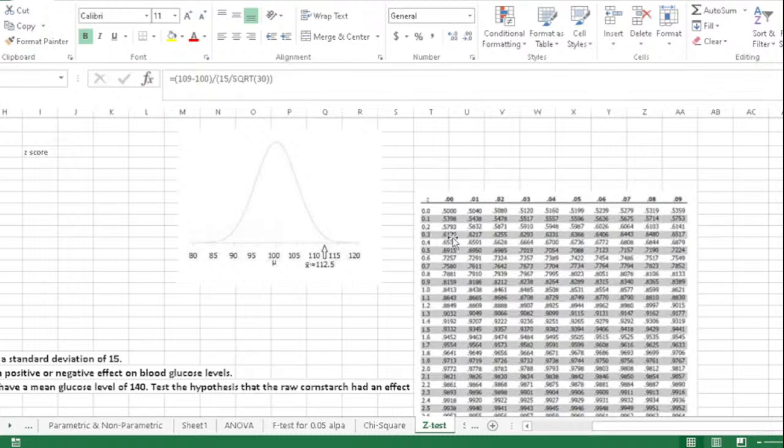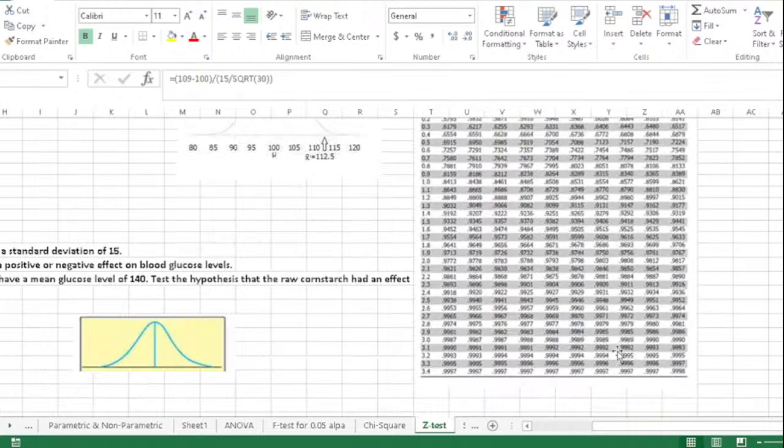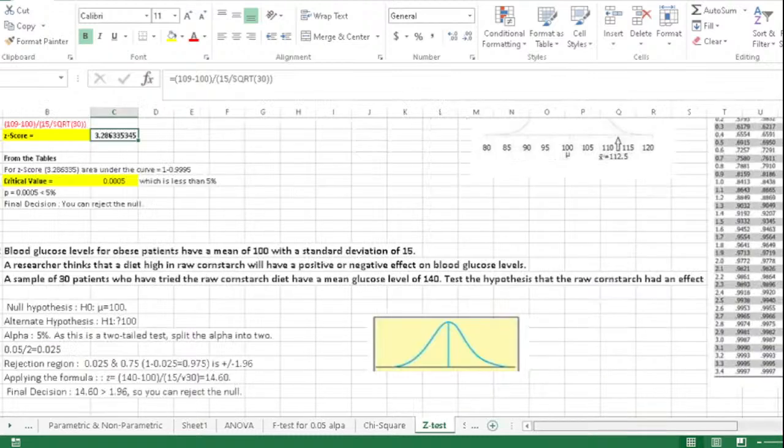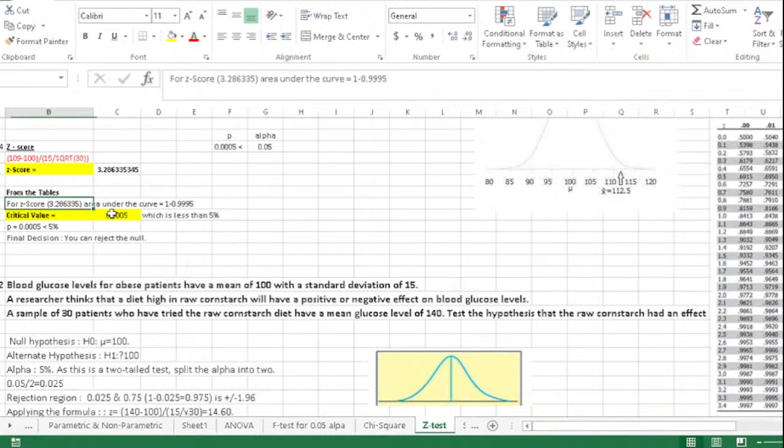So the area on the left side is 0.995. It means the area on the right side, which will give you the p value, is 1 minus 0.995, right? This will give you the p value. So you will compare this p value to alpha. This is how you arrive at the p value.